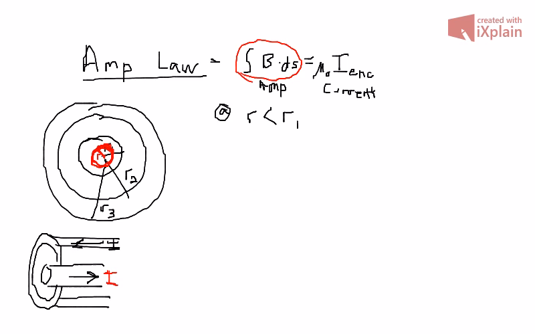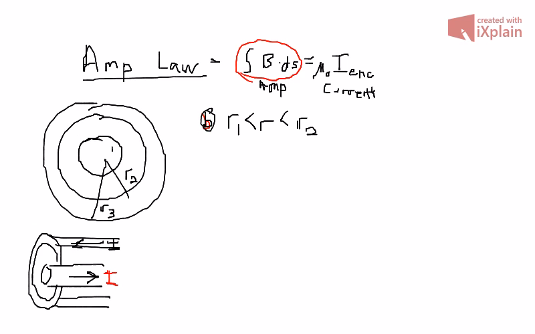Part B is going to be nice and easy. In part B, we want to find what the magnetic field is if R is between R1 and R2. So instead of being in this inner part, I am now in between.